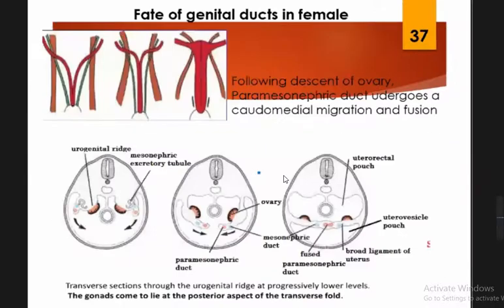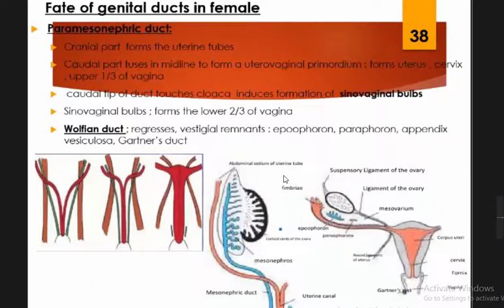In the female, we see the opposite. Maybe I should use, let me use this better illustration. In the female, we have an indifferent stage here of both duct systems. But remember, there is absence of the anti-Müllerian hormone.